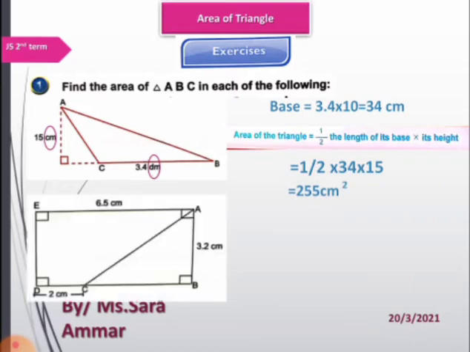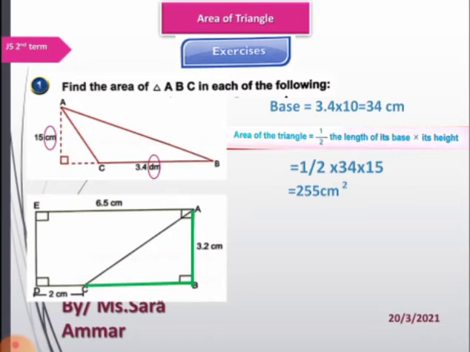Another example, we also need to find the area of the triangle ABC. Okay, great. As you can see, AB can be the height for the base BC, but we don't know the length of BC. We don't know here BC equals how much.